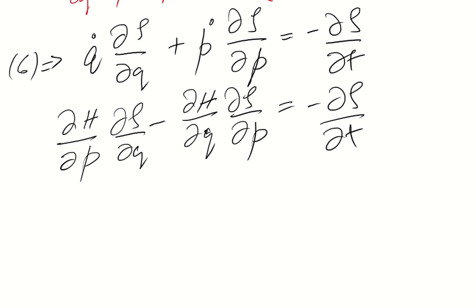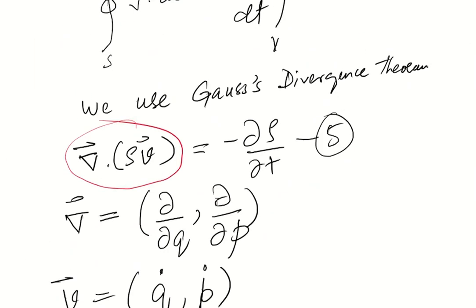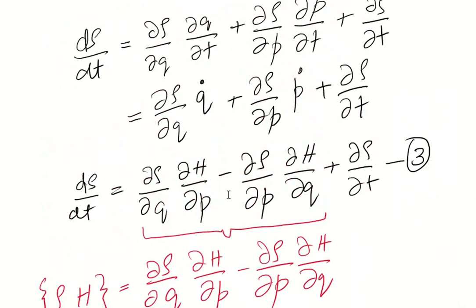So this is our Poisson bracket like this. So this is equal to partial rho over partial t. We call this our equation 7. And now we want to put this equation 7 in our equation 3 here.